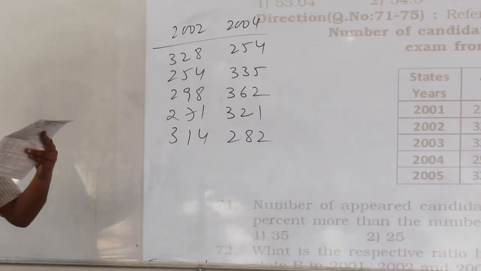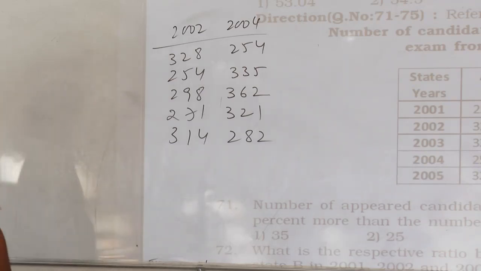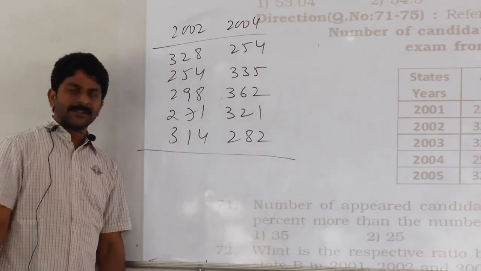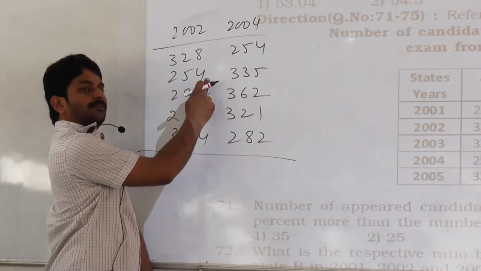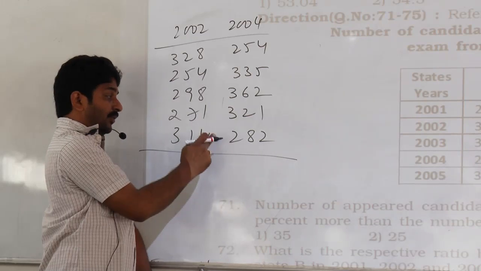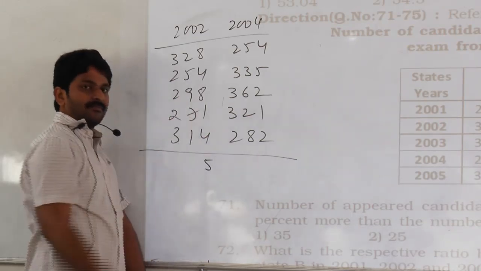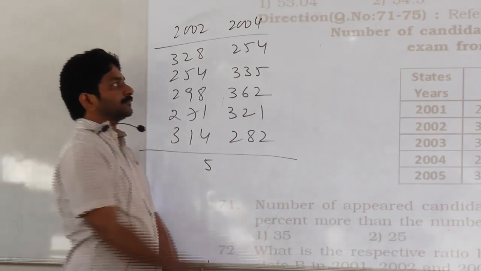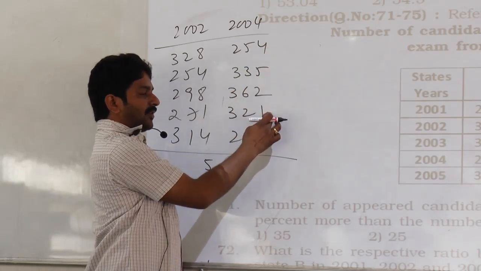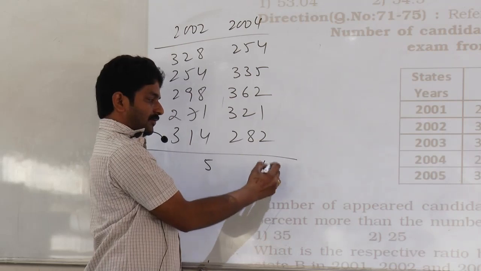Look at your last digits. Are the last digits different? Options are low, so let's verify the last digit. 8 plus 4, 12, 20, 21, 25. This ends with 5. 9, 11, 12, 14.